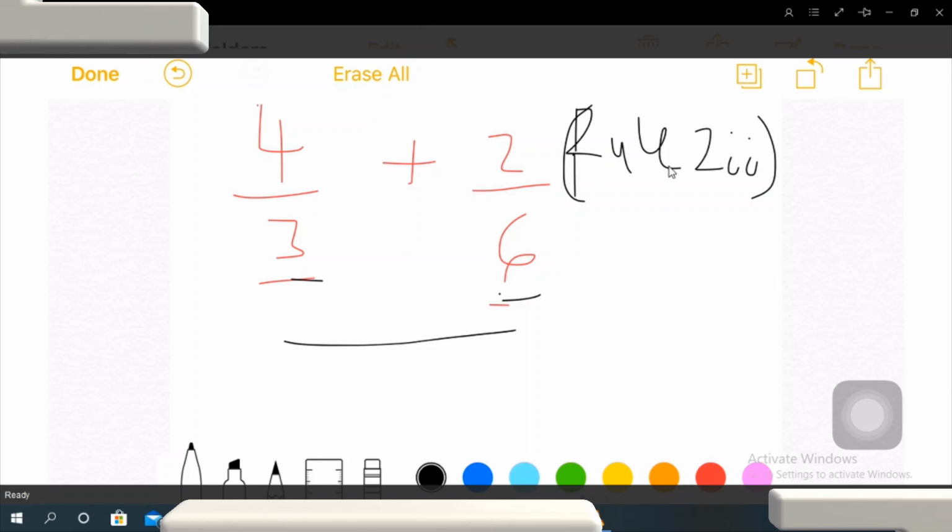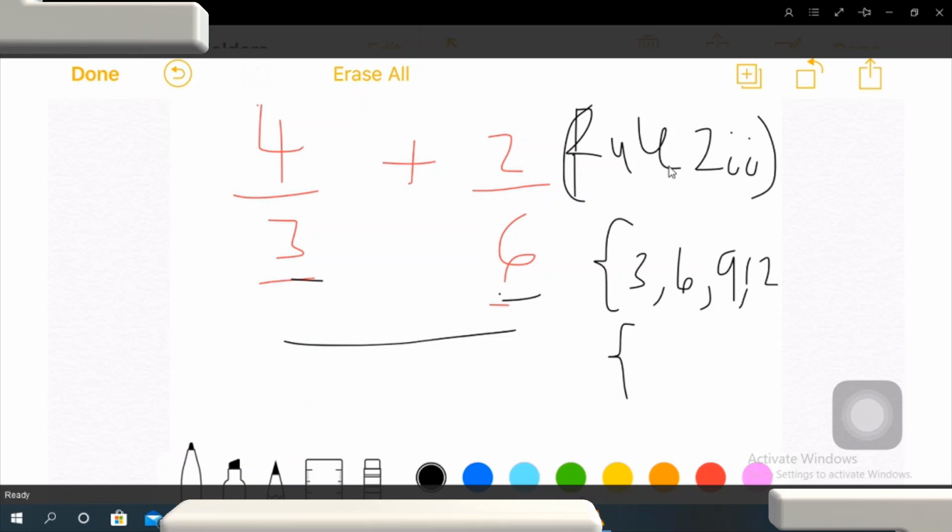So someone will say, but 3 is the lowest number here. I know who will say that. But 3 is the lowest number here. Now let's go back to our multiples and see why 6 is the LCM. So multiples of 3 are 3, 6, 9, 12, and so on.